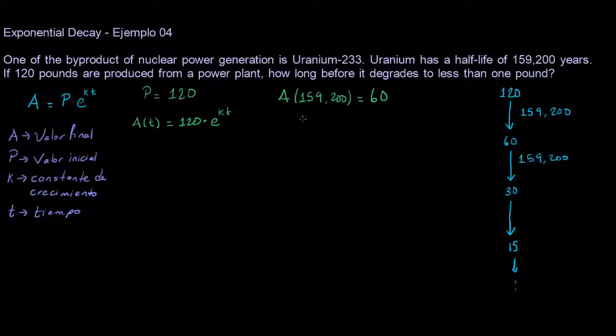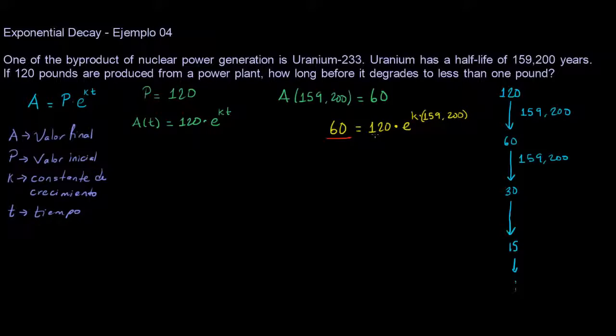I'm going to use a different color to show I'm doing something different. 60 is equal to 120 times e raised to the k, and we know that when this gets to 60, the time will be 159,200. So it will be times 159,200 over here.